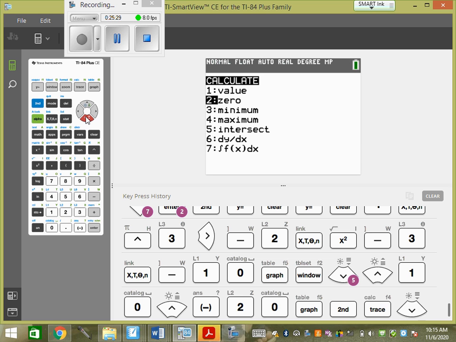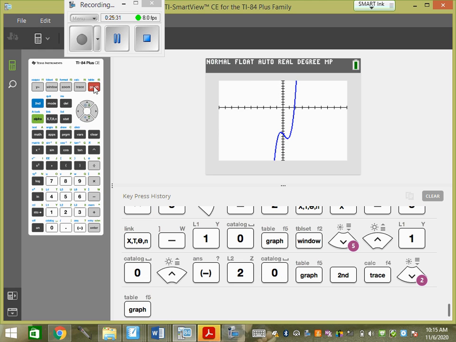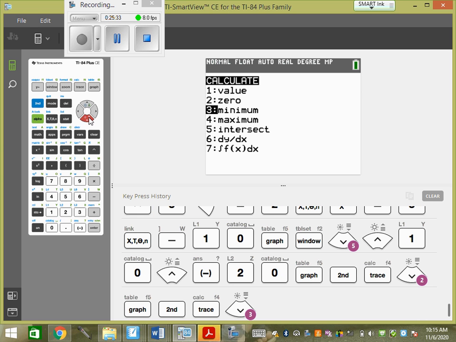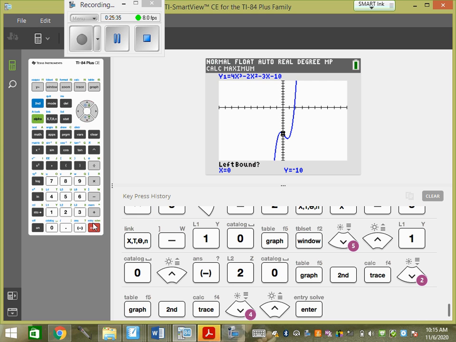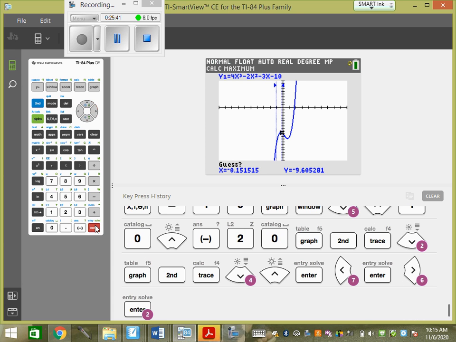Second trace, what was the first one? Maximum. Second trace, max. Left of it. Enter, right of it. Enter, enter. So negative 0.4 and negative 9.4.